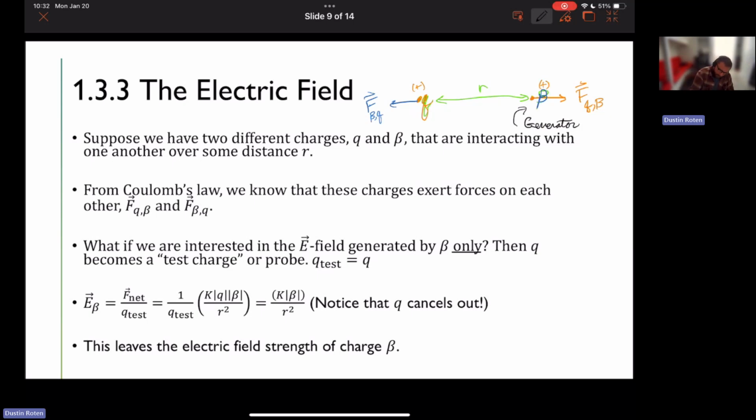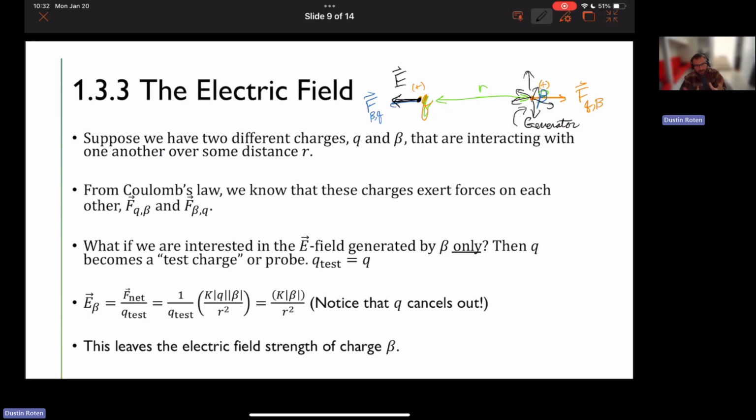We want to know, it's positive, so it's going to radiate outwards. We want to know some things about this electric field here. Now we know that Q is going to feel this electric field, and we know from that other bullet point that the force that Q experiences is going to be in the same direction. So we know that both F and E are going to be in the same direction here.